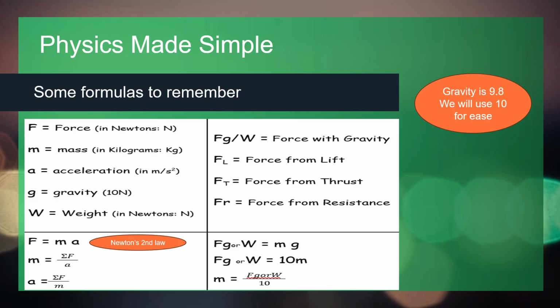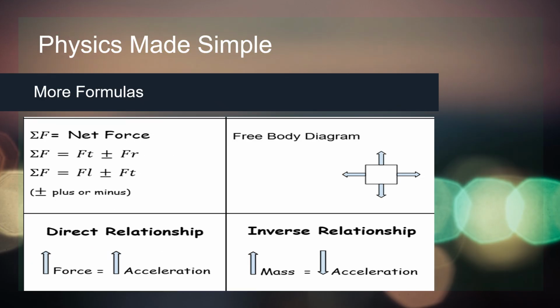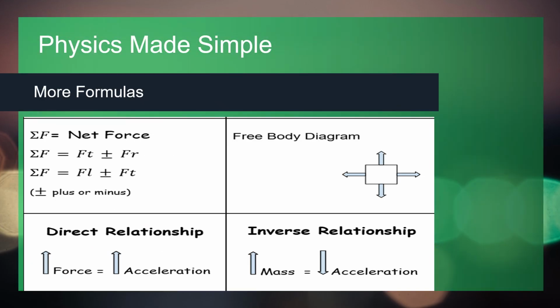Again, when we talk about the mass, we have the force divided by the acceleration, and if it's the object that's going downwards, we said acceleration downward, we are going to be using 10 meters per second squared or 10 newtons. These are some of the formulas that we've already mentioned.